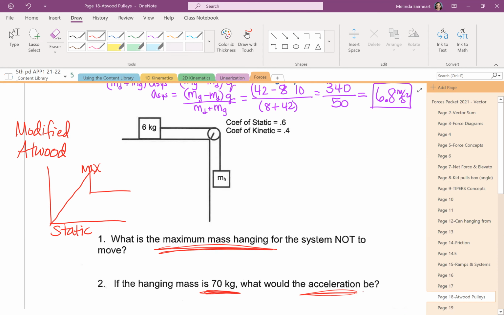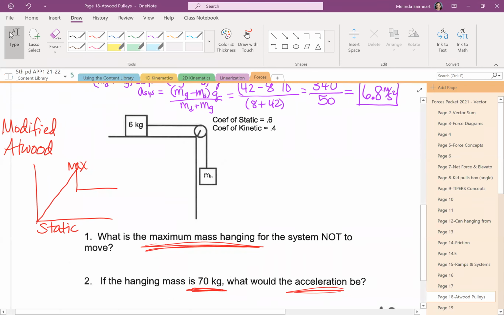Okay, stationary to start. Step 1 to any force problem is what? Diagram. And so we've got 2 objects, we've got 2 diagrams. Now, yes, one is on a tabletop, so that kind of goes back to our previous norm, if you will, not normal, but norm, our everyday type problems.